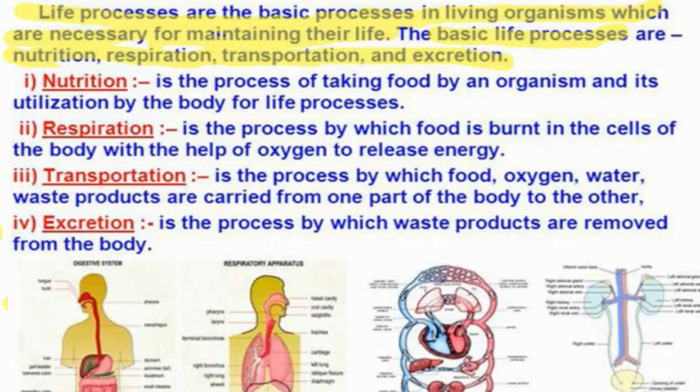We have already read this in class 7. So first, our body needs energy, and we get that energy from food. We take whole food, and it is broken down and converted into simpler forms that our body utilizes. This process is digestion. At the same time, for breaking down and oxidizing the food, we need oxygen. That means the second thing our body needs is oxygen. Again we take it from outside, and this taking of oxygen is called respiration. So, two processes: one is digestion, another is respiration.